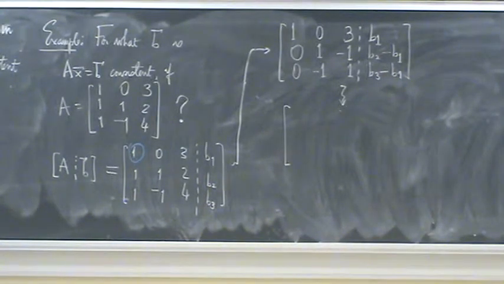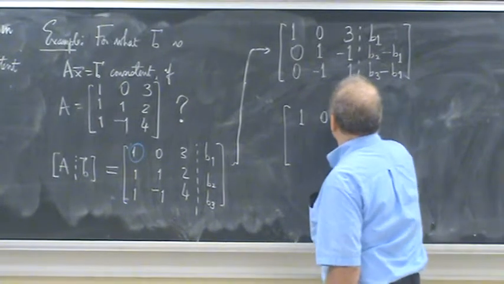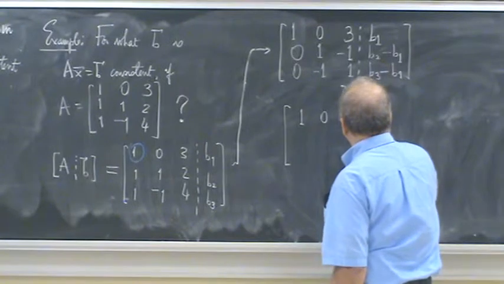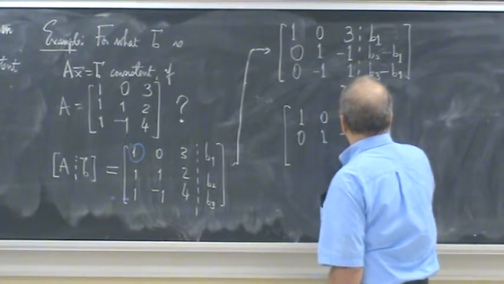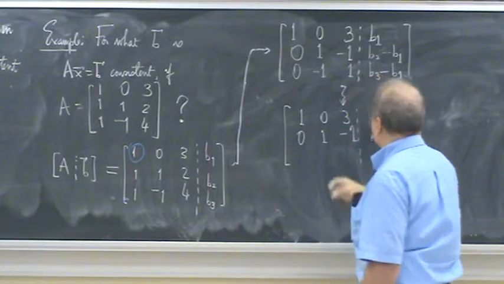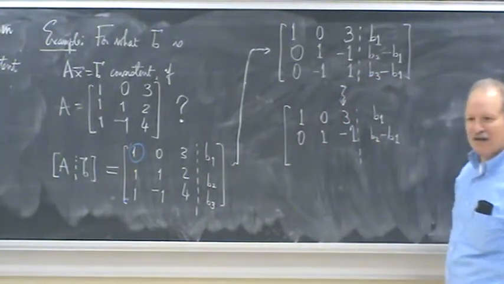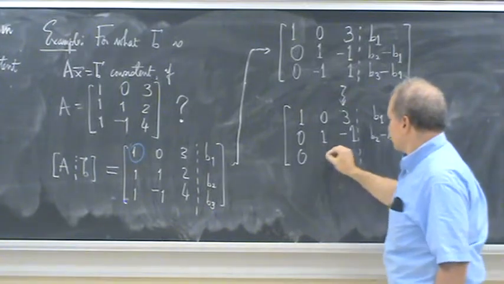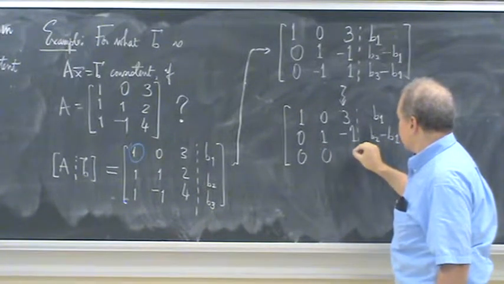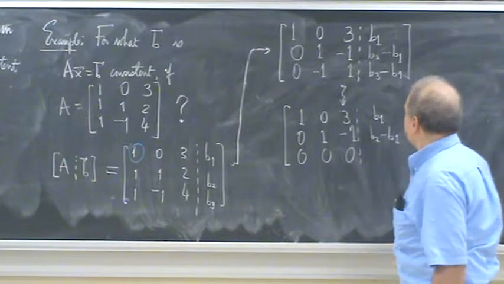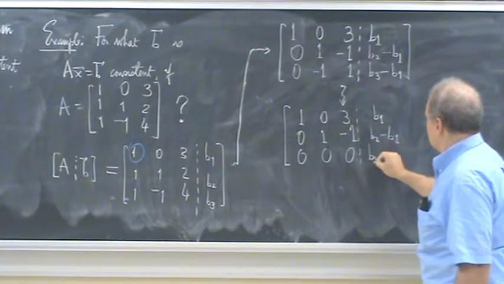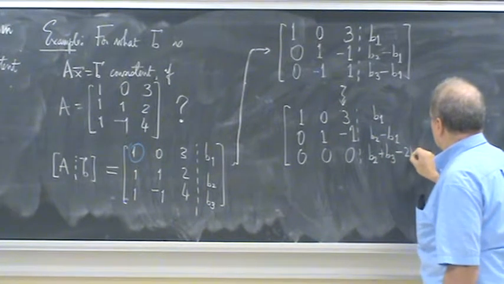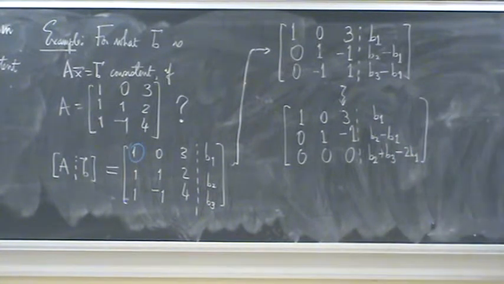You're going to get a row of zeros. It actually is going to end up being sort of reduced, but that's by accident. What happens when I use this one to clear out below it? You get a 0. Do I get another 0? Yeah. And then what do I have? 2, and that has to equal 0.